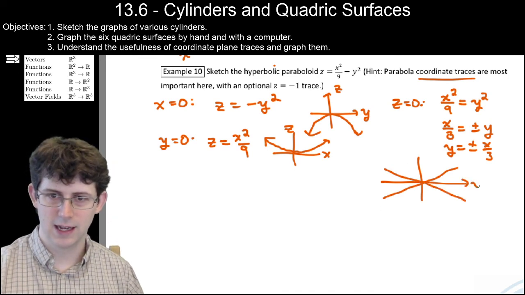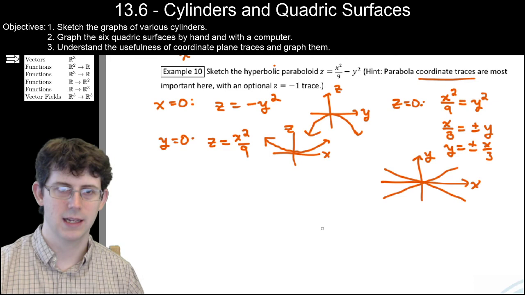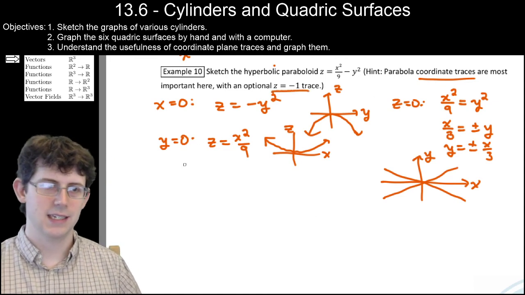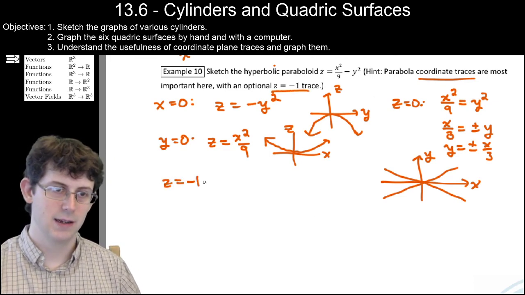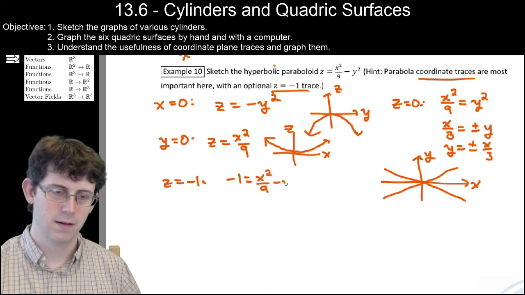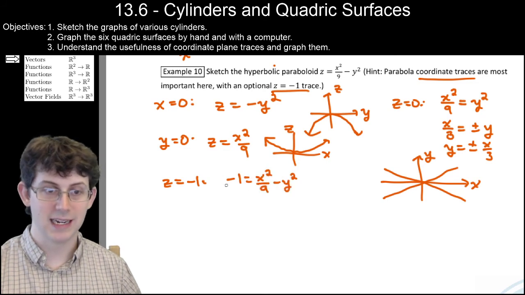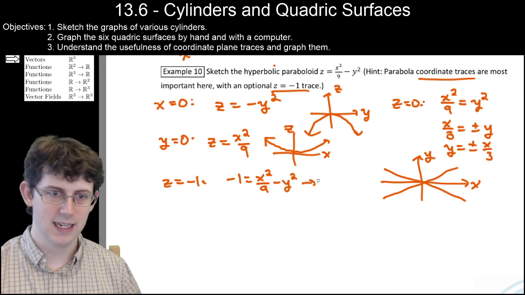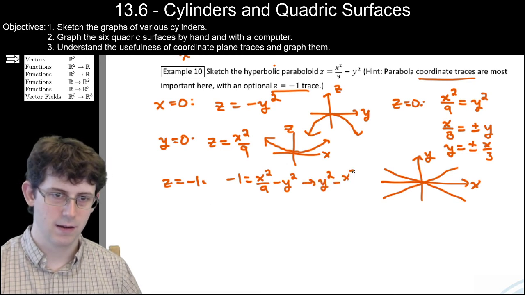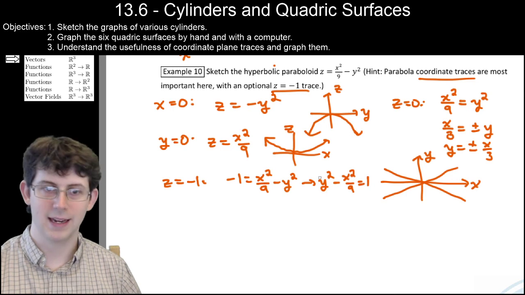So this is the x, y plane. The hint tells us to try z equals -1. I don't like this -1, so I'll move everything over to the other side. And I get a hyperbola.